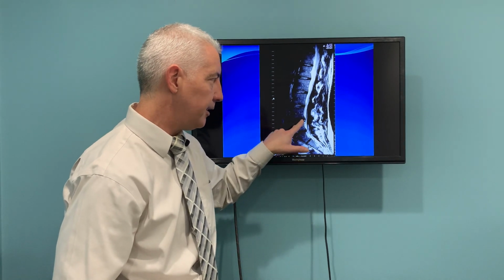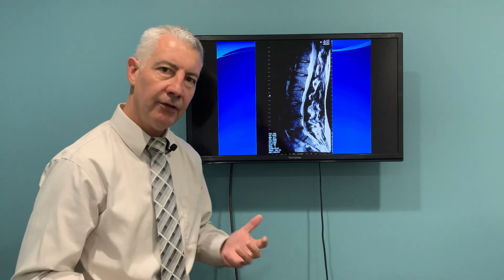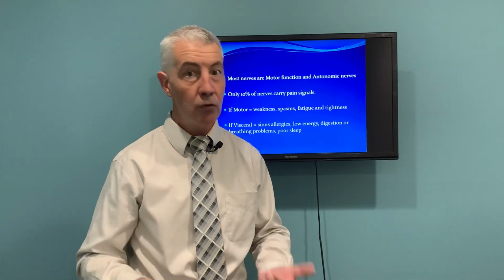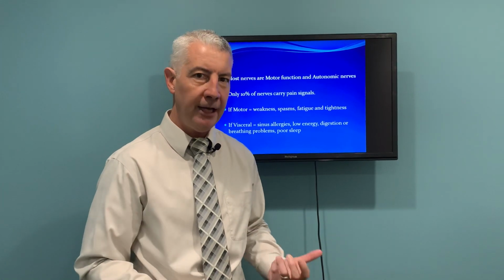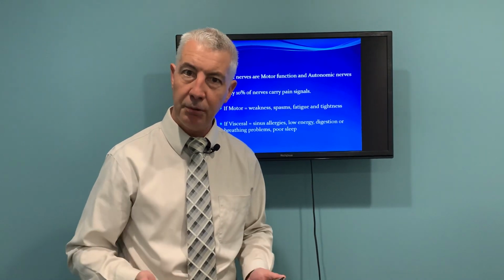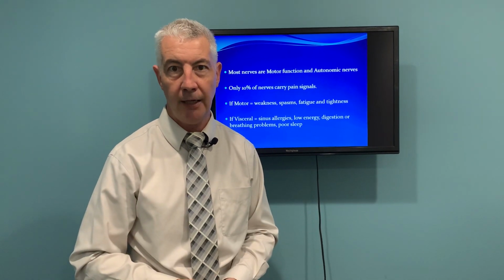Even in the bottom of these two pictures, you can see this dark indentation into that spinal cord. That's showing how those unhealthy discs are starting to press on those nerves. Now, as I said earlier, not all of the nerves carry pain signals. And I know if you're watching this video and you've got pain from a disc, this is going to be hard to imagine, but only 10% of the nerves in your body carry pain signals up to your brain.